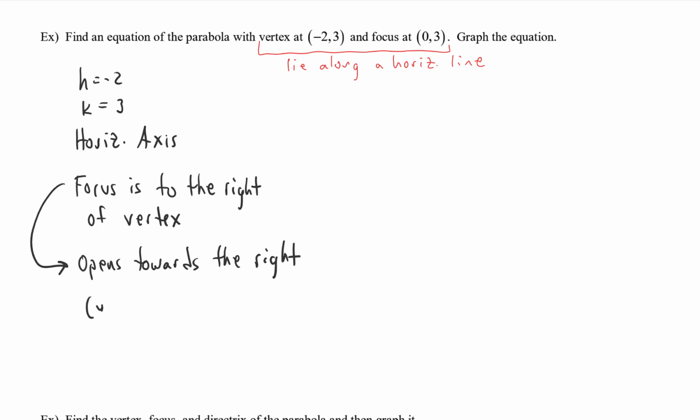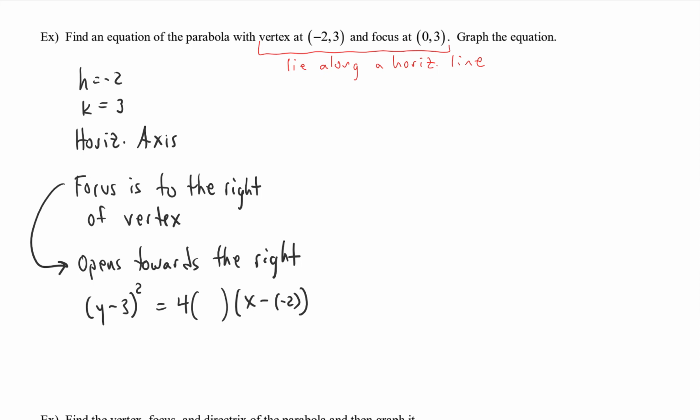So we're going to have y minus k squared equals 4, positive 4, times a, which we haven't found yet, times x minus negative 2, since h is negative 2.